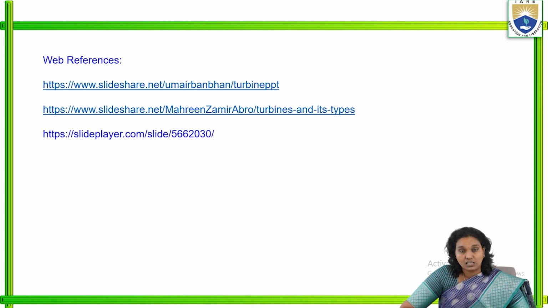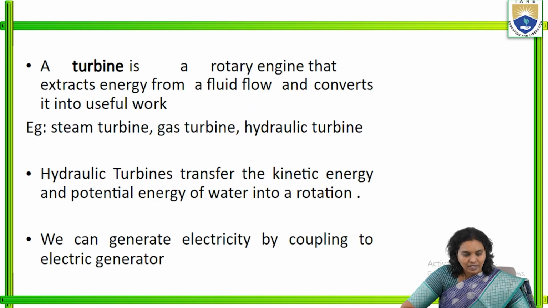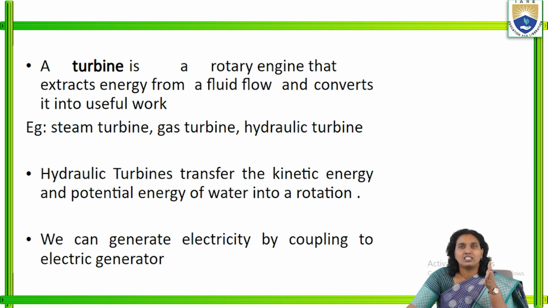First we have to understand what a turbine is. A turbine is a machine which converts energy. Turbines convert hydraulic energy into mechanical energy. Hydraulic turbines transfer the kinetic energy and potential energy of water into a rotation.